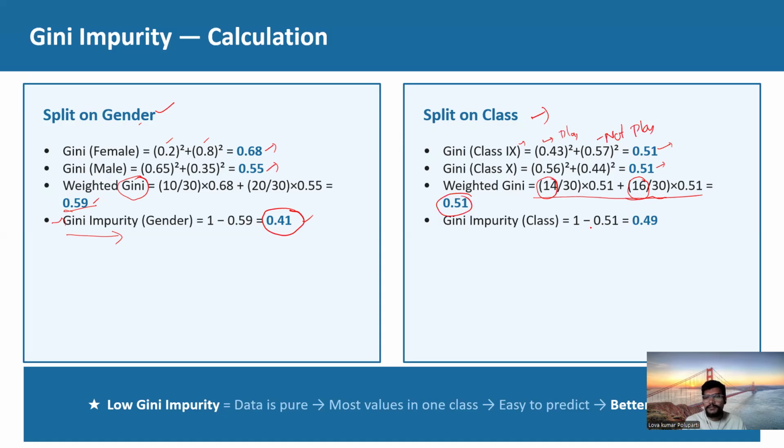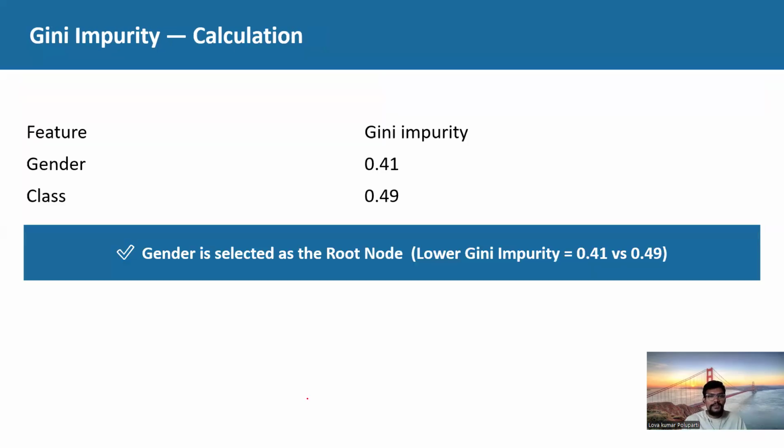If I subtract from the value 1, so before splitting this Gini is 1, so 1 minus 0.51 is 0.49. You can see here, the lower Gini means the data is so pure, you can easily make the splitting, right? So the winner is again gender, which is having the lower Gini.